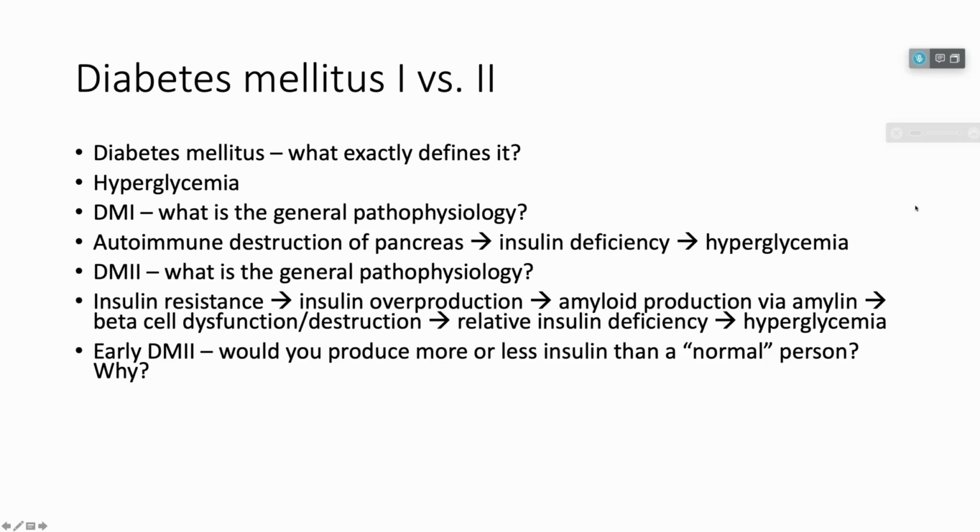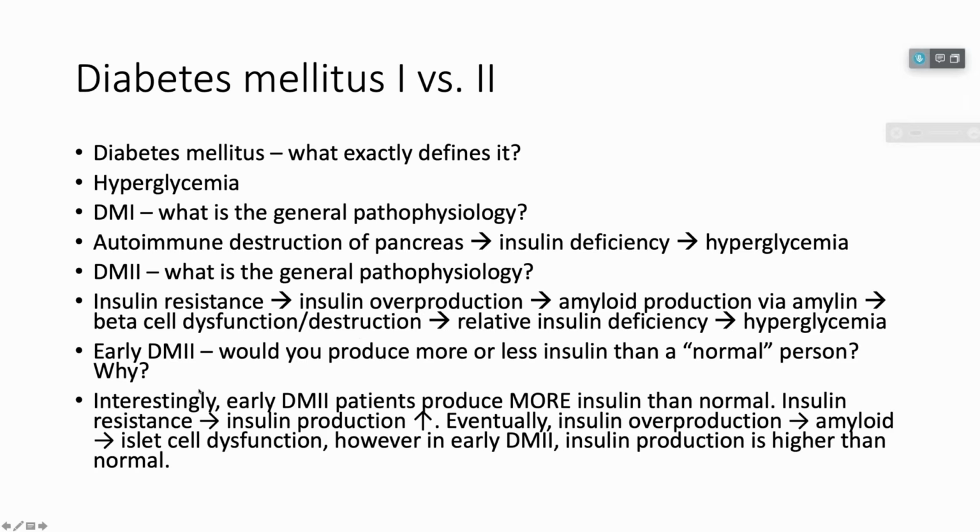So Elaine, can you tell me, would you produce more or less insulin in early diabetes type 2 than a normal person? So you would produce more insulin than a normal person. Yeah, why? Because like in the previous explanation, in type 2 diabetes, you have insulin resistance. So your body tries to compensate by overproducing that insulin. Yeah, exactly. So it's interesting, right?